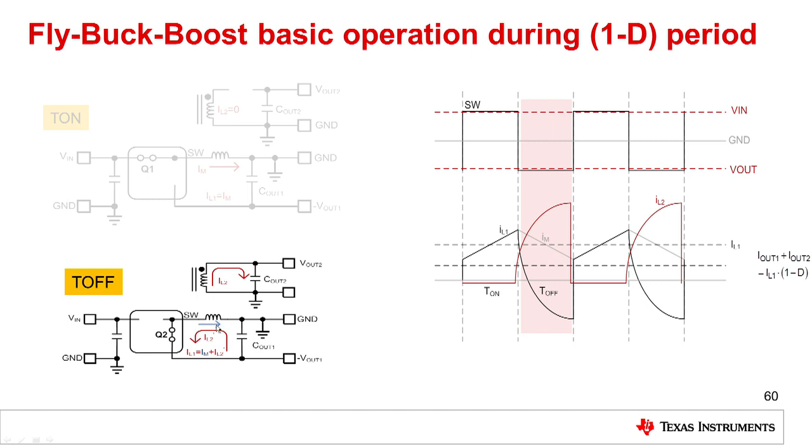So the primary now sees both the primary load current and the reflected secondary load current, so it's larger than what you'd have in an ordinary buck or an ordinary buck boost. Essentially, the design equations will be the same as for a buck boost, in combination with a transformer type secondary output.